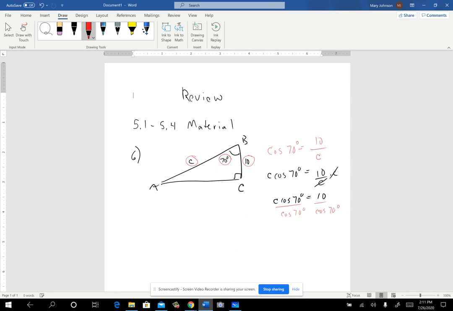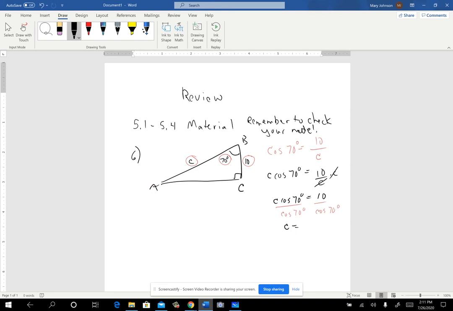And then I just need to work that out. 70 is not a special angle, and the directions say round to 2 decimal places if necessary. So that means you're going to go to your calculator. Remember to check your mode. For this problem, I need to be in degrees, don't I?